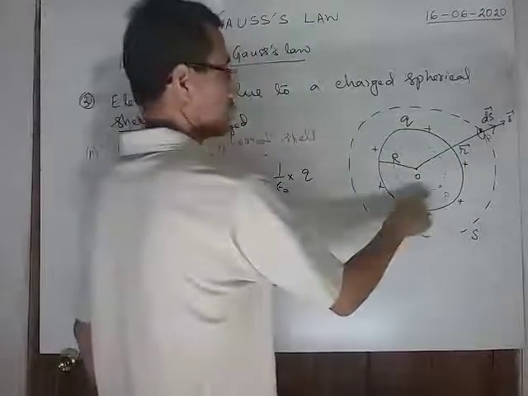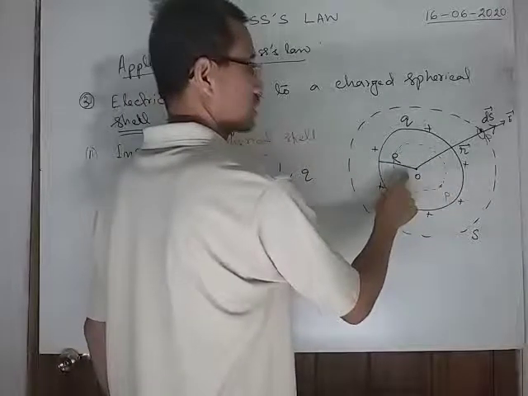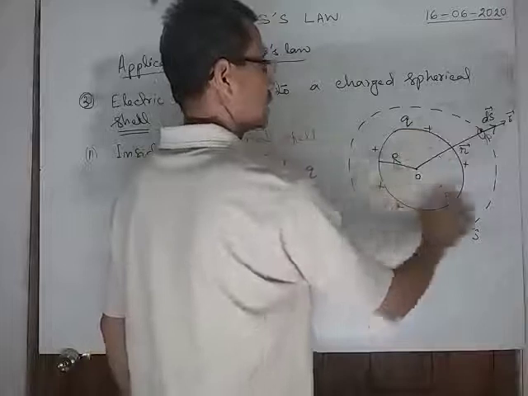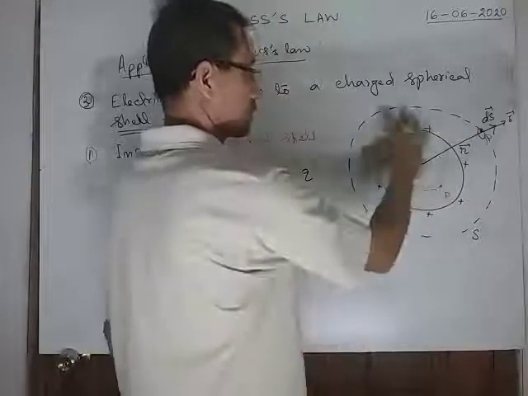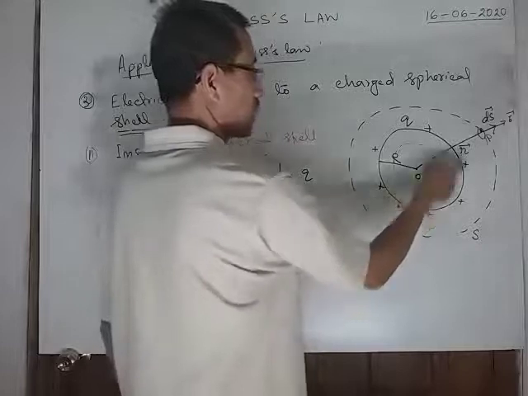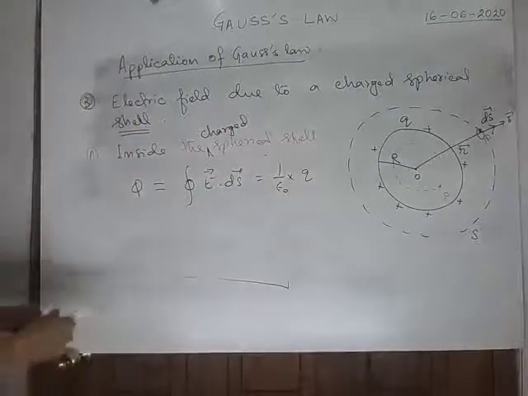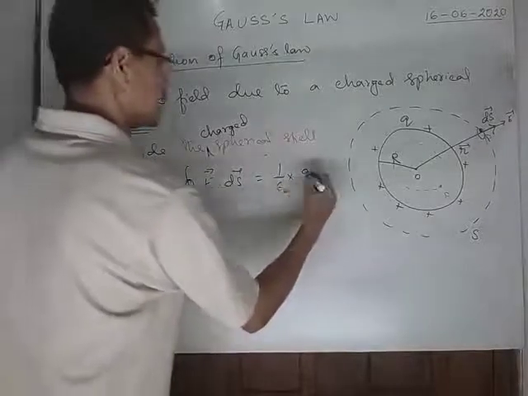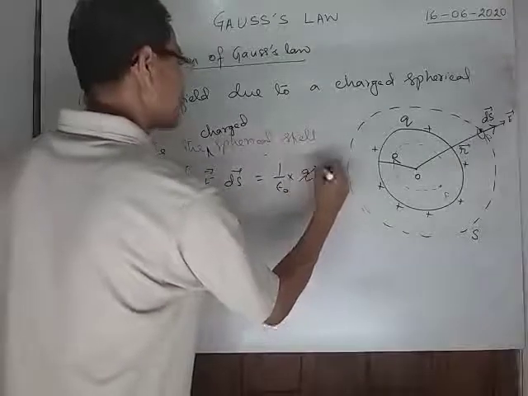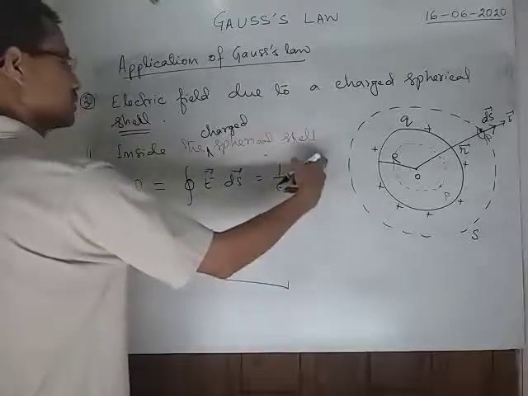So through this Gaussian surface, no charge is enclosed. Charges are residing outside, onto the surface of the spherical body. So if the point of observation is well within the charged spherical shell, the charge enclosed will be equal to 0, and so the whole of this will be equal to 0.